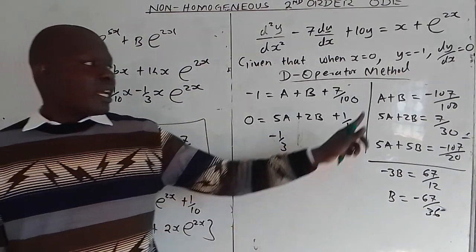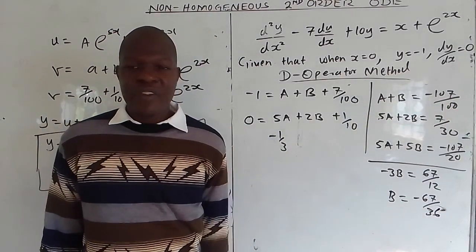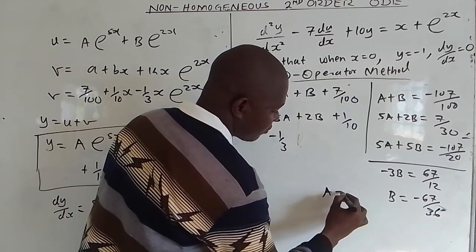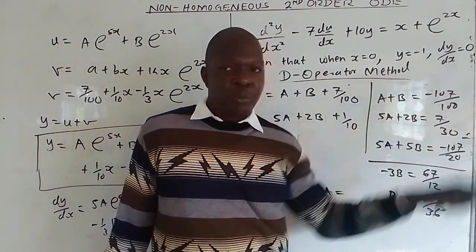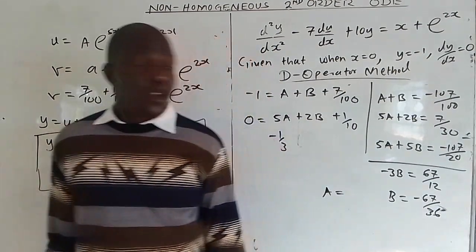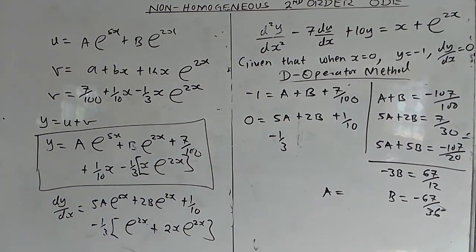What is now your A? A plus B is negative 107 over 100. So what is A? A is negative 107 over 100 minus B, isn't it? Meaning it is going to be negative 107 over 100 plus 67 over 36 because it is minus negative, isn't it? So that is going to be plus.